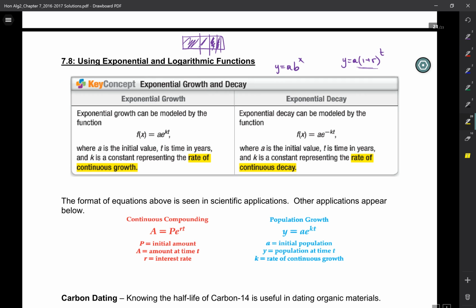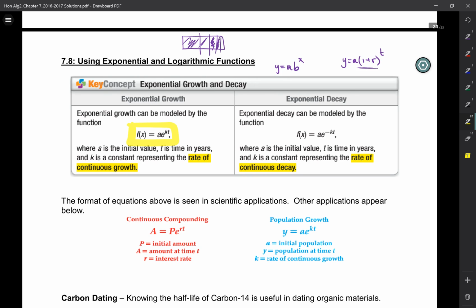For those, we have this formula. It's modeled directly after y equals ab to the x. You realize this is also the same thing, right? A something to the power of x. And so is this. This is by far the most popular formula for exponential functions. And it's f of x equals a e to the kt.